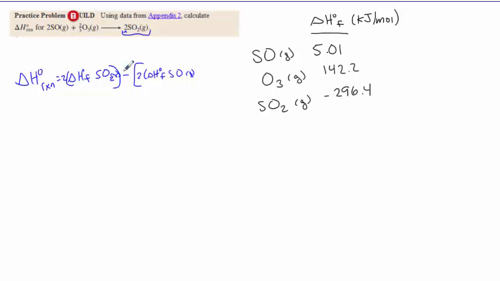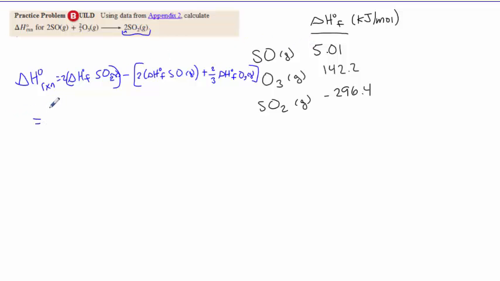If there's more than one listed, make sure you're looking for the one with the right state. And I'm going to sum, so also add in 2/3 times the standard enthalpy of formation for the ozone in the gas state. At this point, all you have to do now is plug in your values.